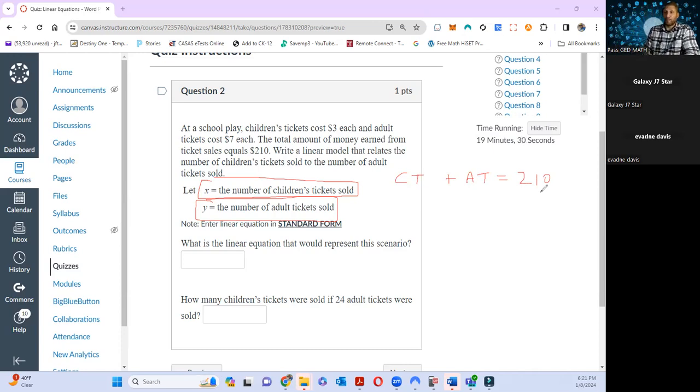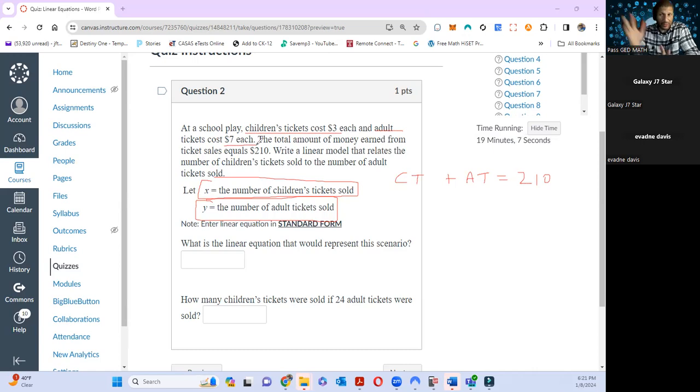Understand that? Okay. How much do children's tickets cost? Children's tickets cost $3 each. Again, identify the givens: children's cost 3 and adult costs 7.